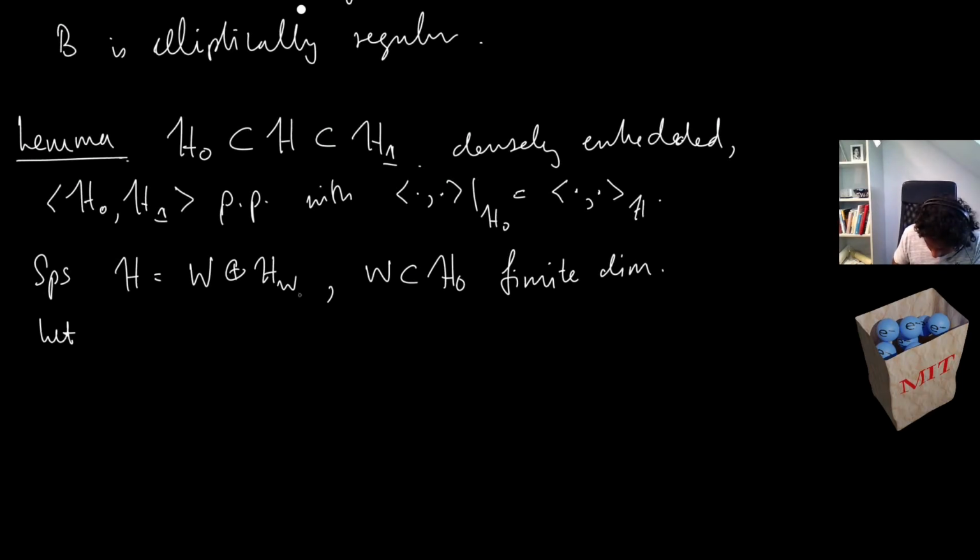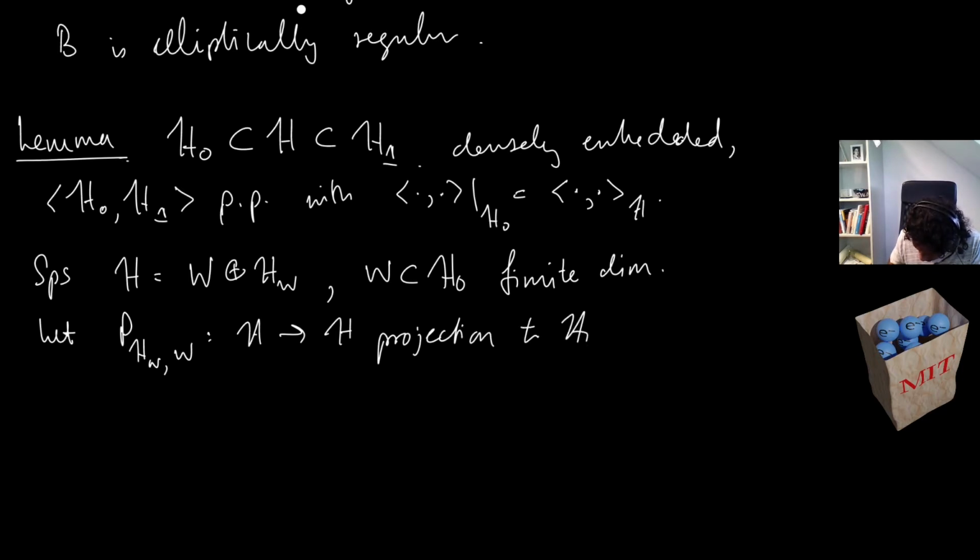So the fact that there's a splitting means that there's a projection, so let P_HW,W be the projection to HW along W. Okay, so it means that the range is HW and the kernel is W.